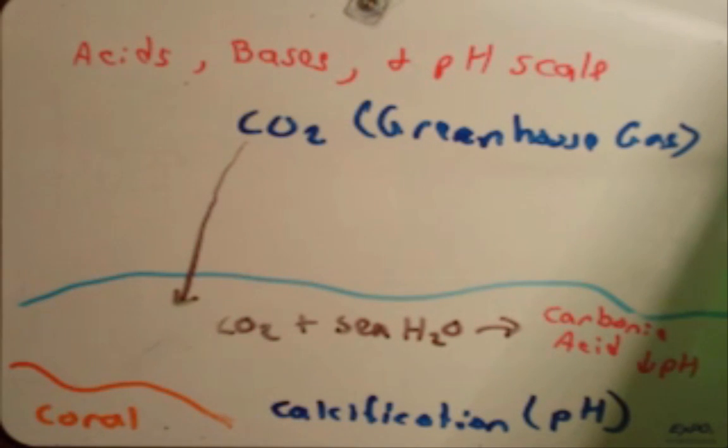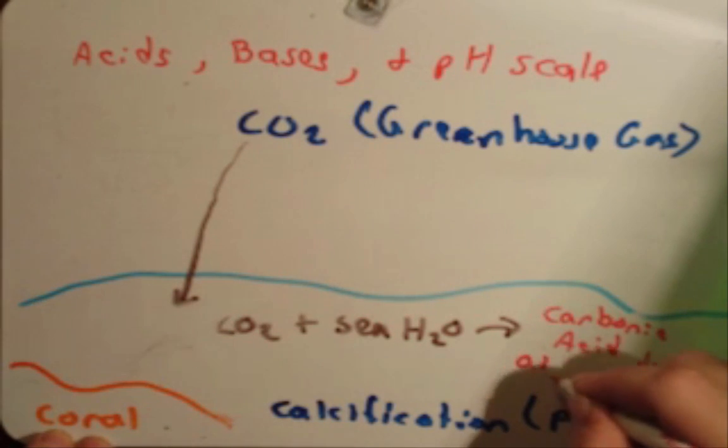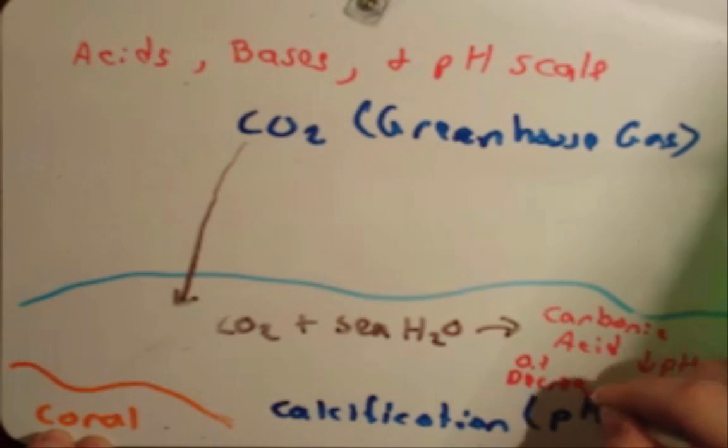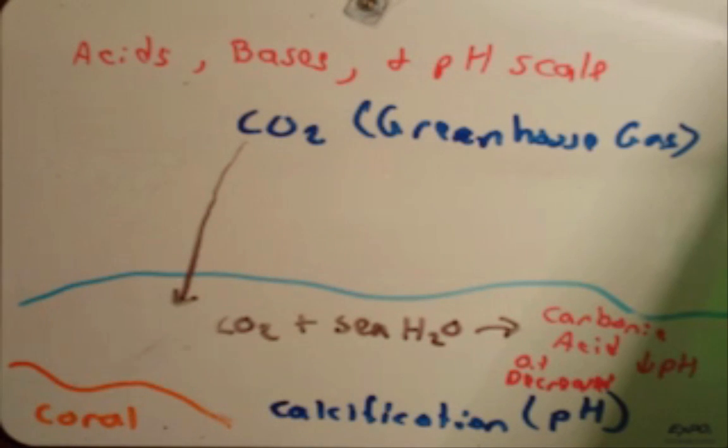In fact, we know that the ocean has about a 0.1 decreased pH, the lowest it's ever been in thousands of years. It's predicted that it could drop as much as 0.5 pH units by the end of this century. So why does that matter?